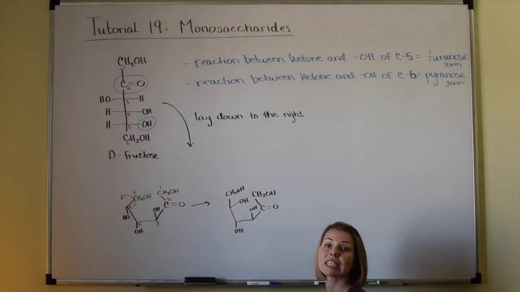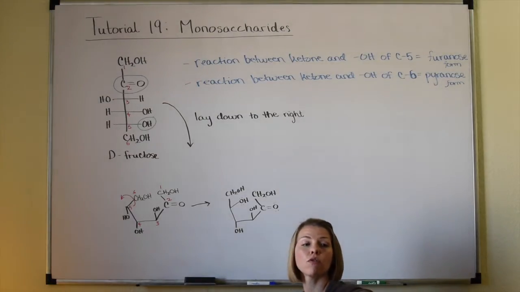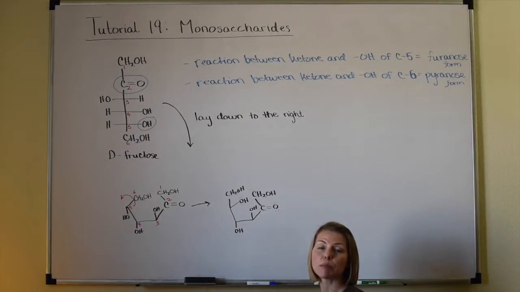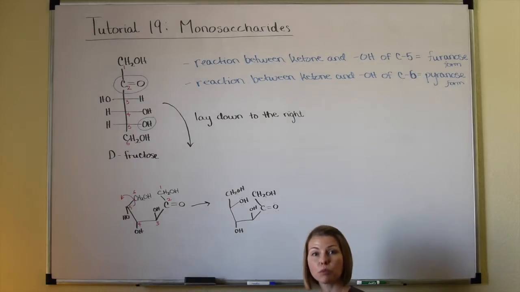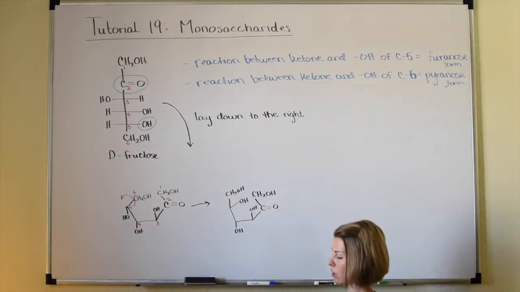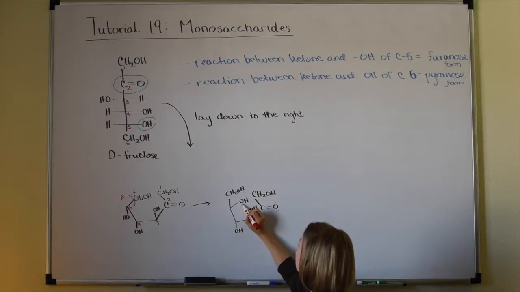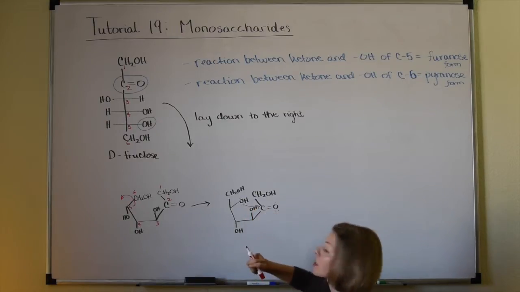And remember that this is not the mechanism for the reaction. Remember that this is simply a method that I'm going to use to help you remember which bonds are breaking, which bonds are forming. Okay, so we've got our partial negative oxygen attracted to our partial positive carbon of the carbonyl.